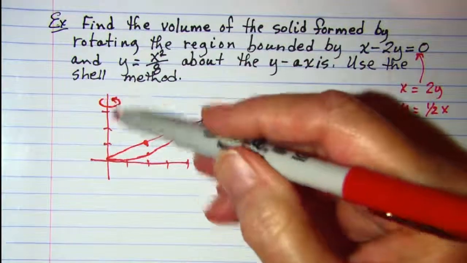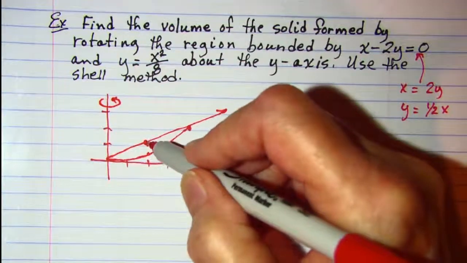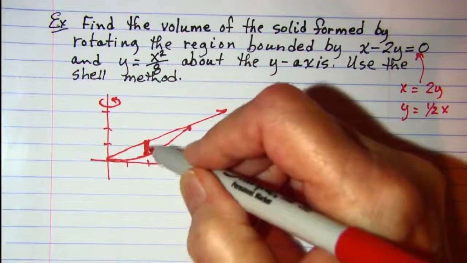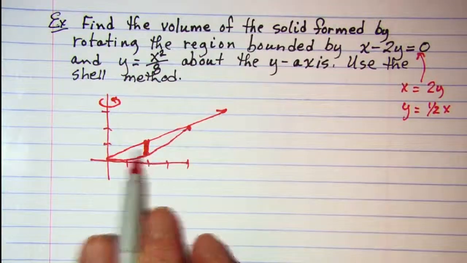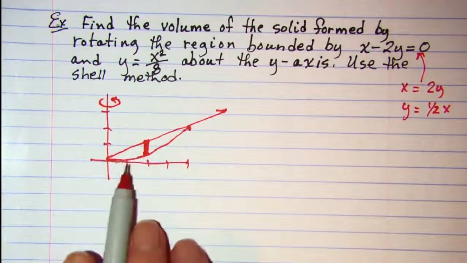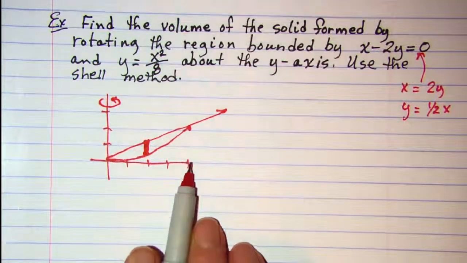I'm revolving about the y-axis. My axis of revolution is vertical, so my representative rectangle will be vertical. This is parallel to the axis of revolution, and it's moving from 0 to 4.